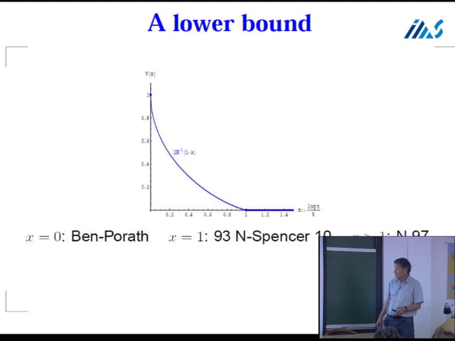And basically, just to repeat, the cases x equals 1 and x equals 0 are the special cases of the previous results. And in between, this is the lower bound of the limit. So the limit inf is at least that. And my question is, what is it for every particular x for this particular game?